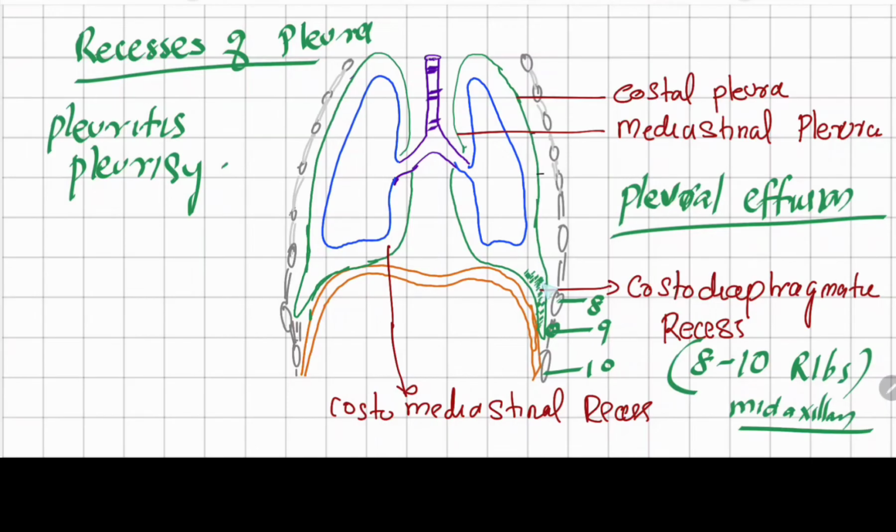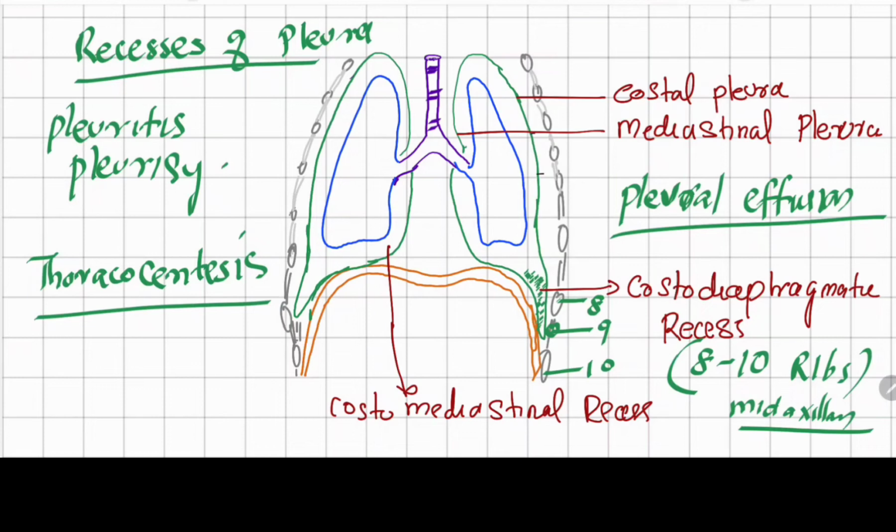During pleural effusion, that means the condition where the fluid gets accumulated in the pleural recesses, it has to be removed. That particular process is known as thoracocentesis. So what is thoracocentesis?